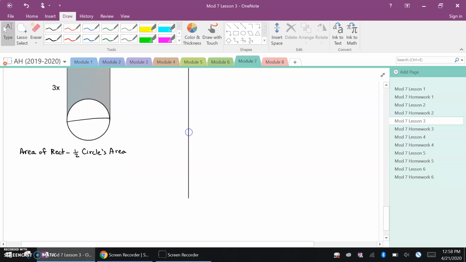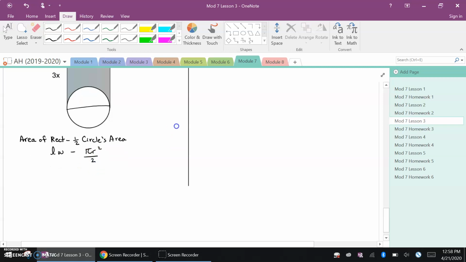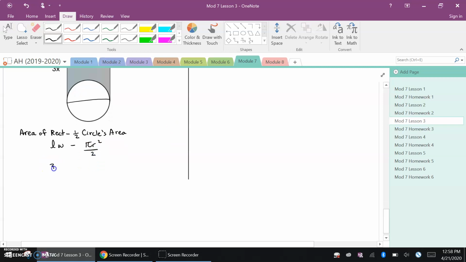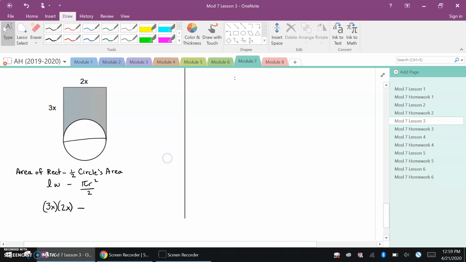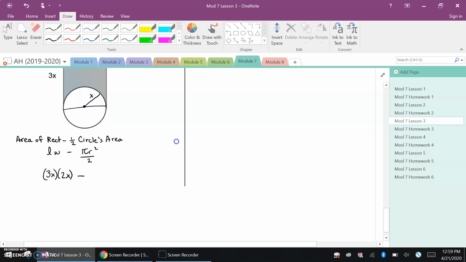So for the area of the rectangle, we have 3x. Whoops, we need to have our formula first, sorry. We have length times width, and then for the circle's area, we have pi r squared divided by 2. So for our length and width, we have 3x times 2x. And then looking at the diagram, if the diameter of the circle is 2x, that makes the radius just x.